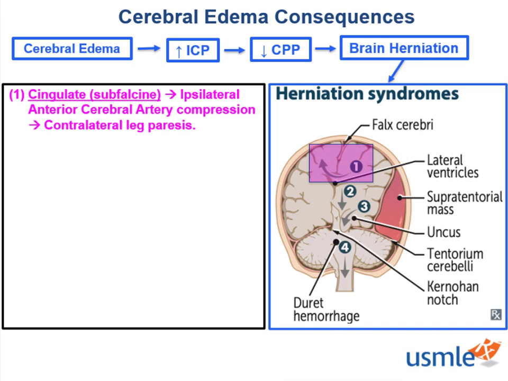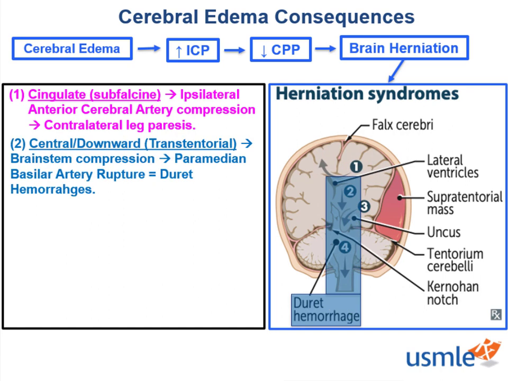In a cingulate or subfalcine herniation, the cingulate gyrus herniates below the falx cerebri, leading to compression of the ipsilateral, or same side as the herniation, anterior cerebral artery. The ipsilateral anterior cerebral artery supplies the contralateral legs motor fibers, leading to paresis or weakness on the contralateral side.